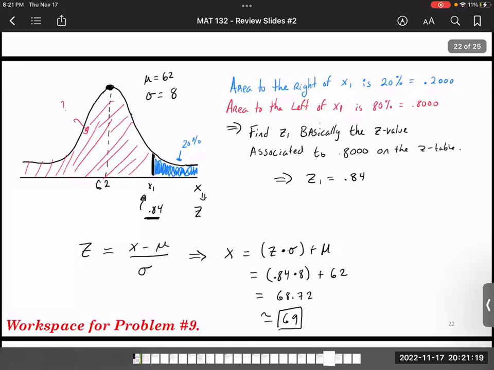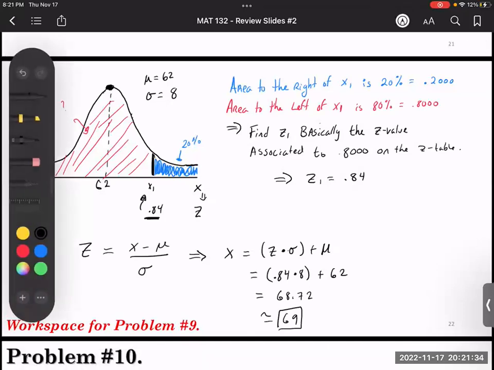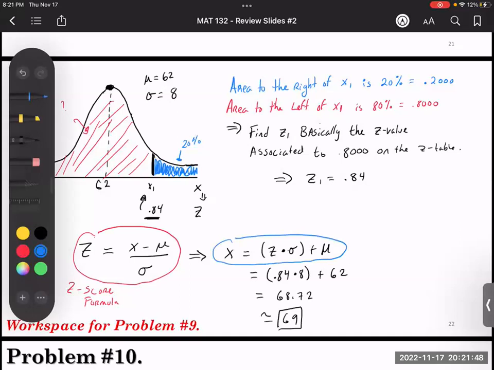Edwin asks whether you can do it by saying 0.84 minus 62 over the standard deviation. No, because remember, Z is 0.84, not X. Here's your Z-score formula, but it can be rewritten, where you isolate X by itself.